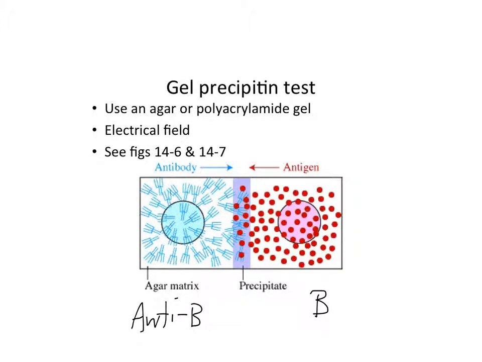You can see it then. If instead it was anti-B and you had type A or type O in there, they would just literally pass each other. They won't react because it's the wrong antibody, and so then you don't see a line at all. And so you just run this gel with all the different types, and you see where the little line forms.